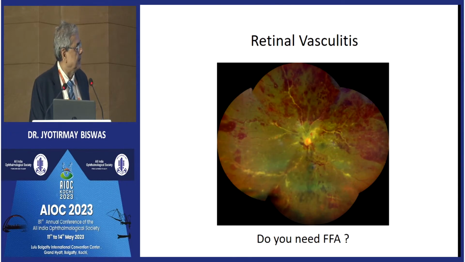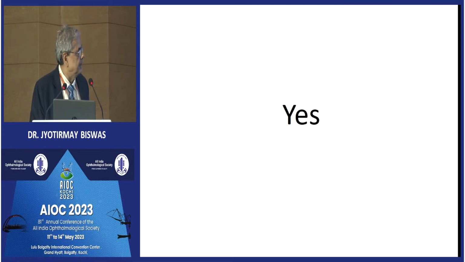This is a case of retinal vasculitis. Do you need an FFA? Obviously, this patient will require intensive laboratory investigations to rule out TB, sarcoid, collagen disease. But do you need an FFA? Obviously, yes.